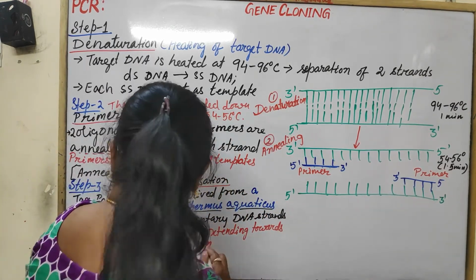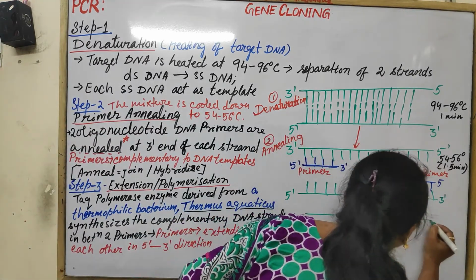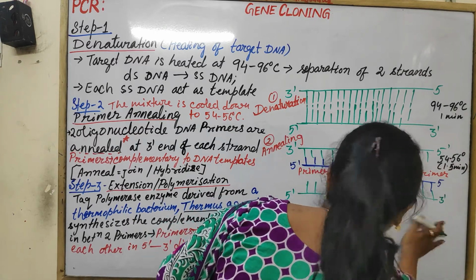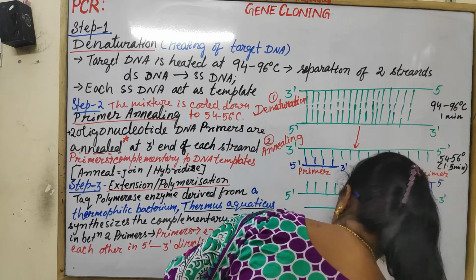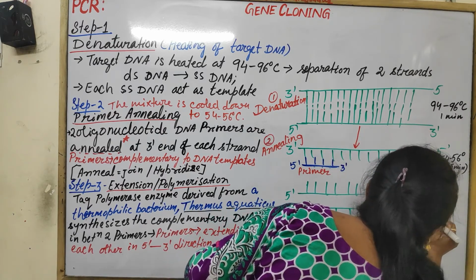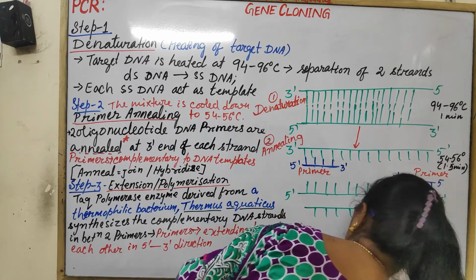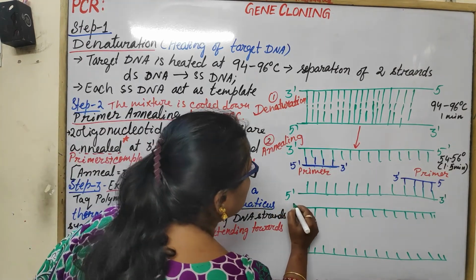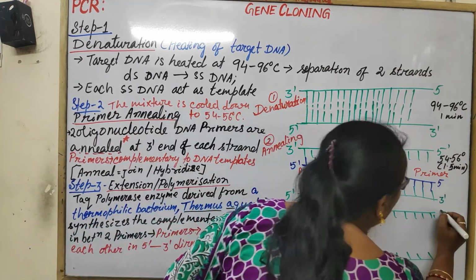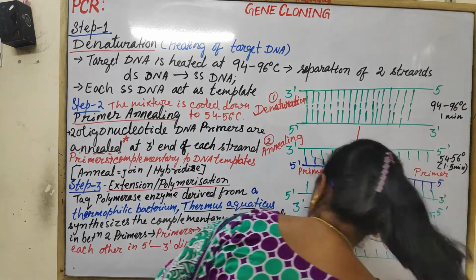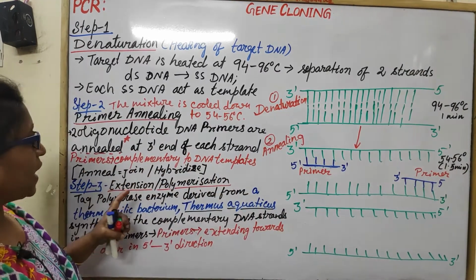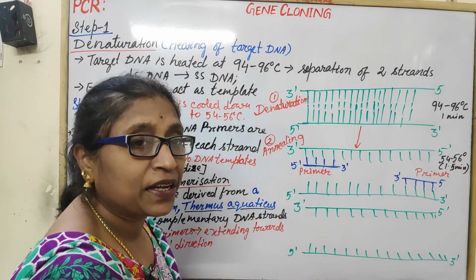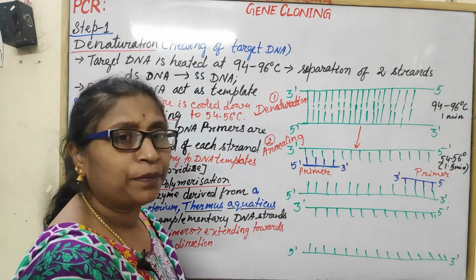In step 3, this was the 3 prime to 5 prime, and this extension process begins by heating the mixture at about 72 degrees Celsius for 1 to 1.5 minutes.